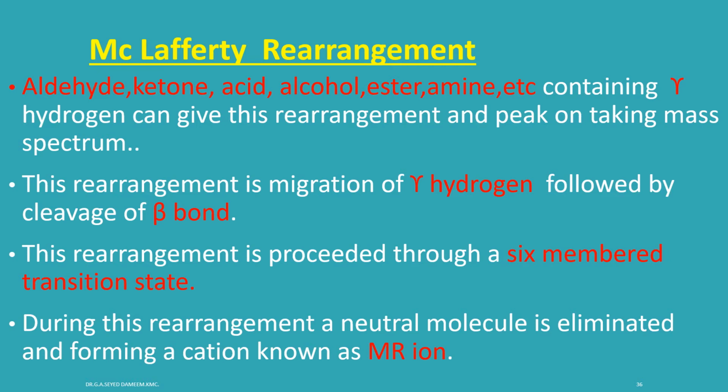The rearrangement is nothing but migration of gamma hydrogen followed by cleavage of the beta bond. It proceeds through a six-membered transition state. During this rearrangement, a neutral molecule is eliminated, forming a cation known as the Mr ion.